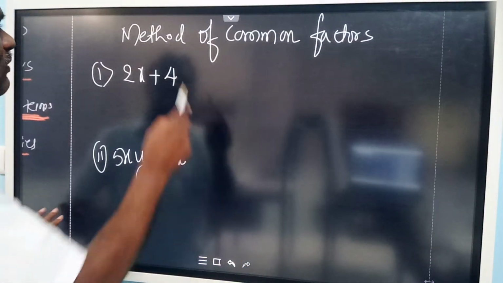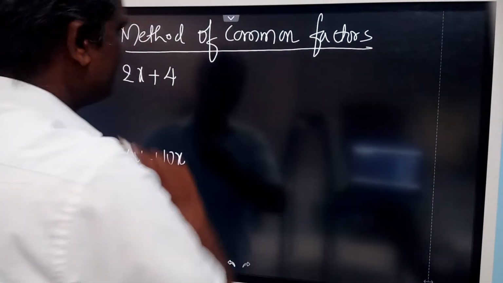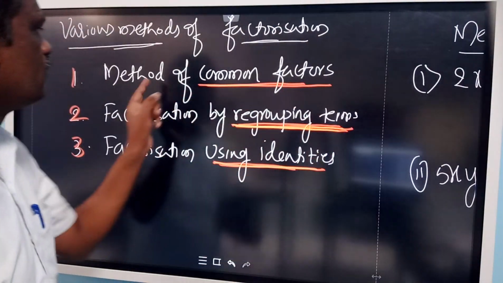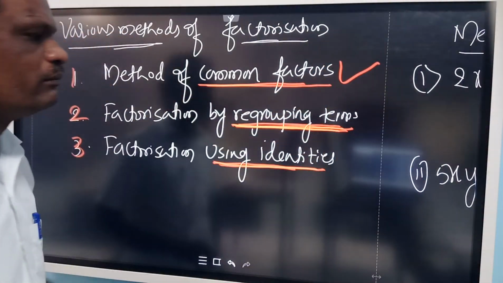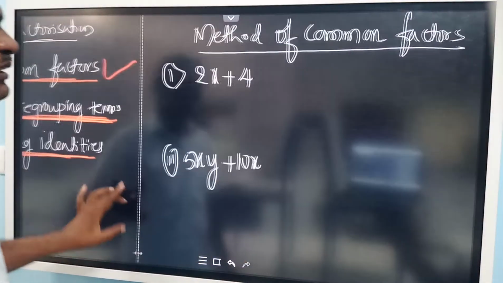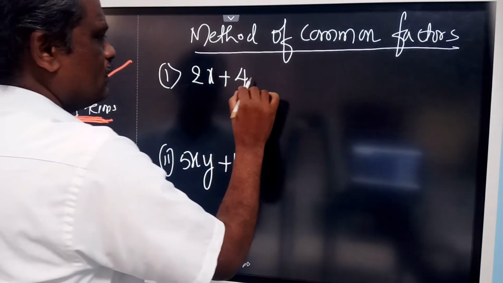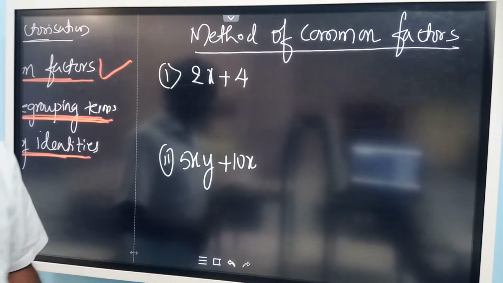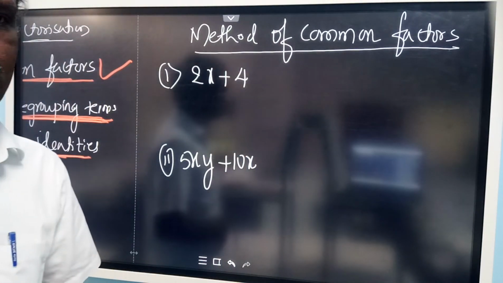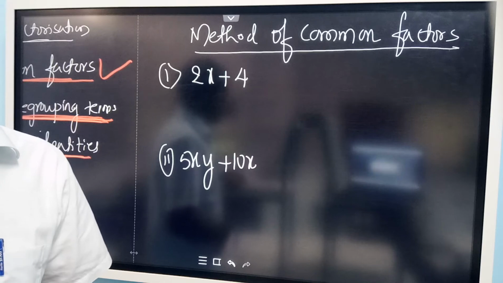Now, the method of common factors. This is the first method we are going to learn. We take the example we mentioned in the previous slide: 2x plus 4 is an expression, and this needs to be factorized.